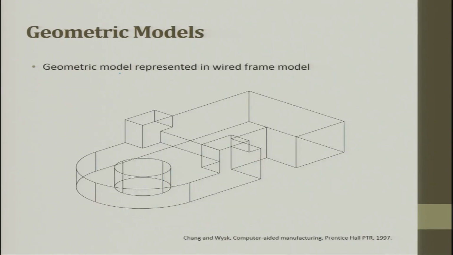In geometric modeling, when you represent it in a wireframe, what is a wireframe? A wireframe is nothing but points joined by wires, and this representation tries to give a solid. But unfortunately, when you use the wireframe model, it gives a lot of misinterpretations and it can also give you a solid which is not very valid.